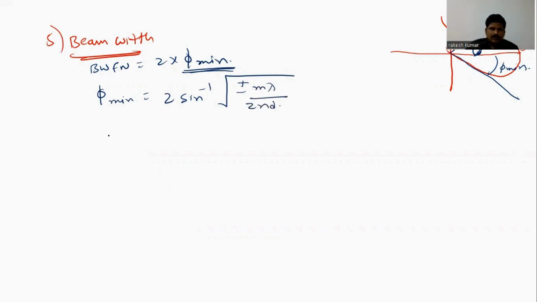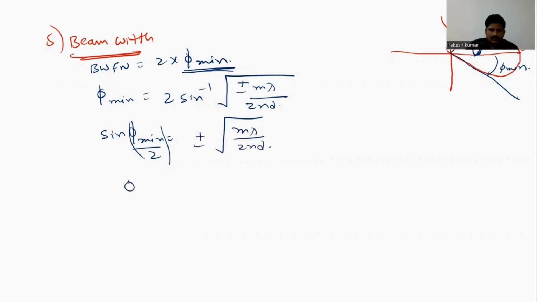Applying sine on both sides, sine of phi minimum by 2 is equal to plus or minus of m lambda by 2n.